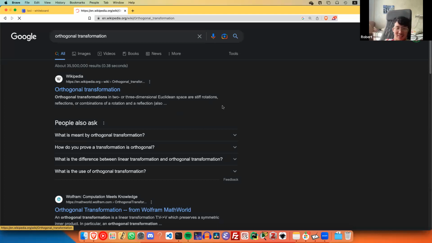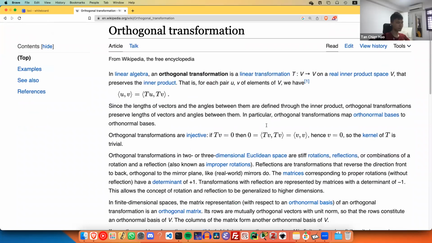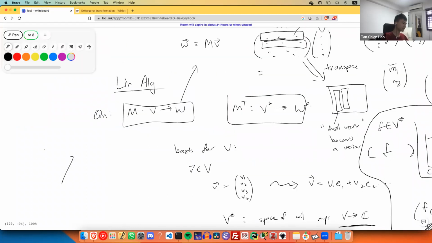Let's see. It says an orthogonal transformation is a linear transformation on a real inner product space that preserves the inner product. The inner product is the dot product, I'm guessing. Yes, basically it preserves the dot product. If I draw an analogy, you know the vectors in 3D space, right? We have a definition of a dot product, which gives you the angle between them.